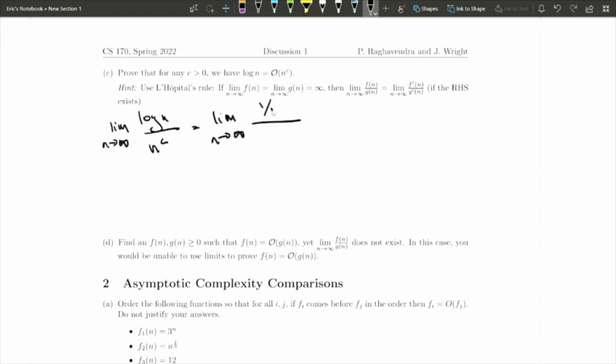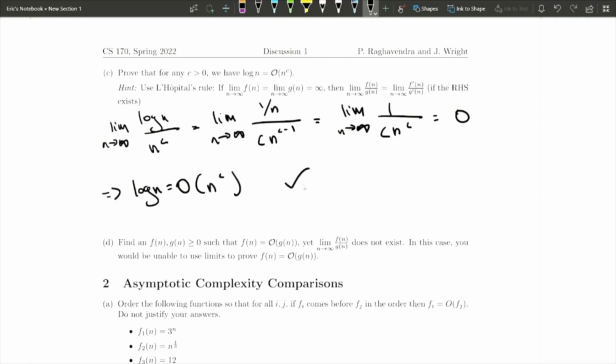We know that the derivative of log n is 1 over n, and then we apply just the power rule, c minus 1, for the quotient. Let's simplify this again. 1 over c n to the c. This diverges to infinity in the denominator, so we know that this limit is 0. So we've shown that log n is O of n to the power of c.